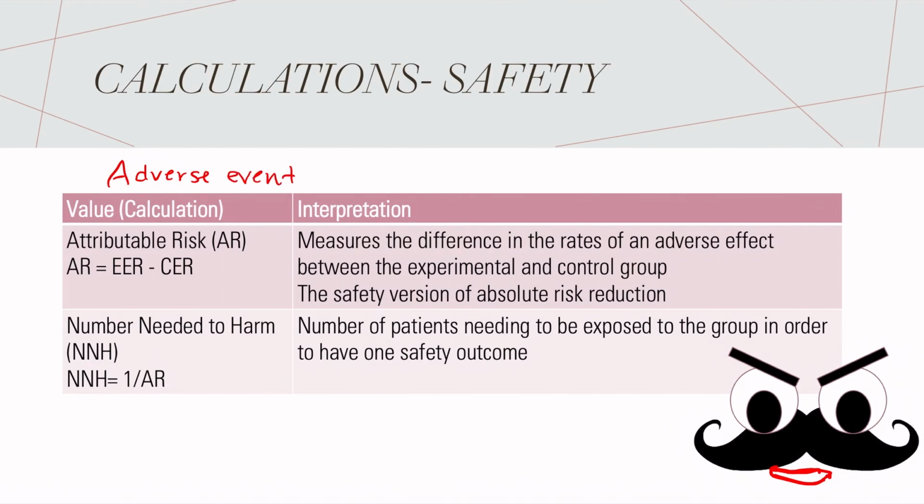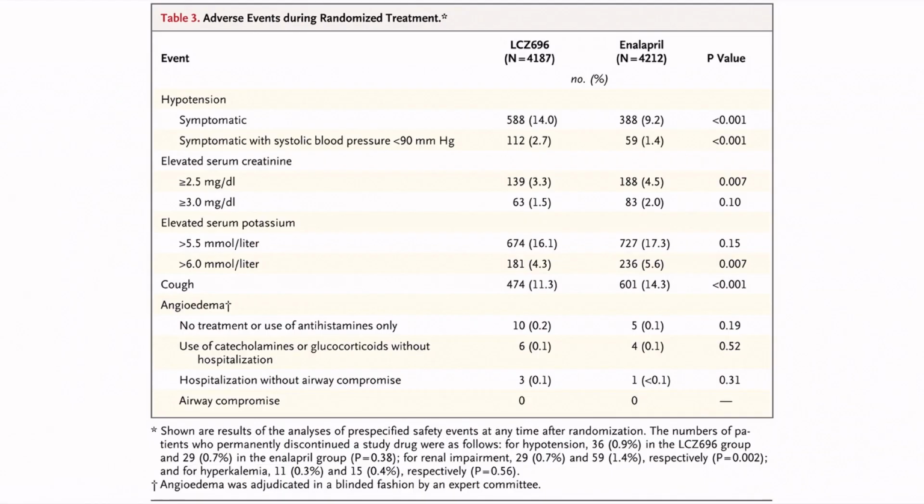So let's look back at our trial. Now note, some of these adverse events are not statistically significantly different. So I could not calculate it on your elevated serum creatinines, your elevated serum potassium here, angioedema, any of these, because it has to be a nominal value, statistically significant, and meet superiority.